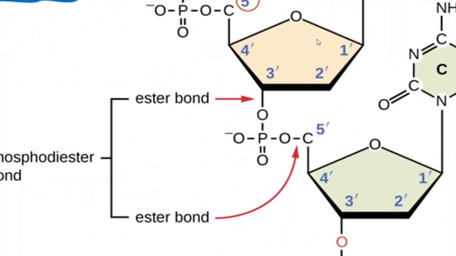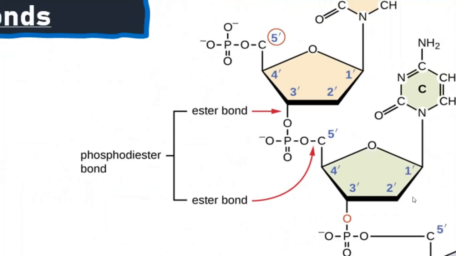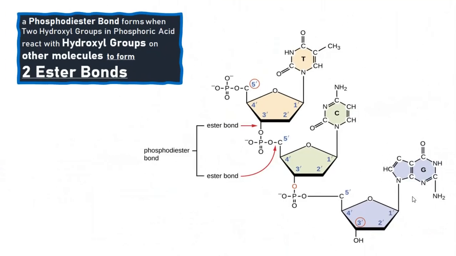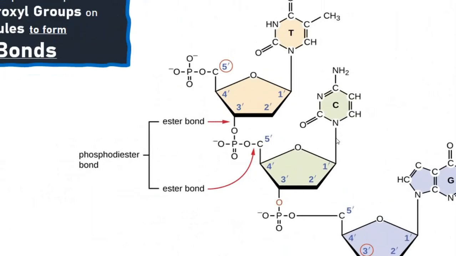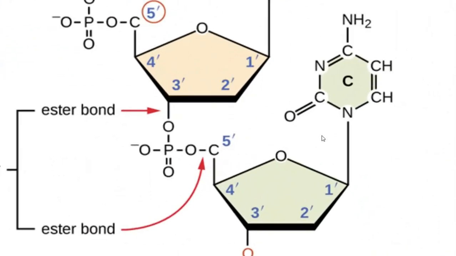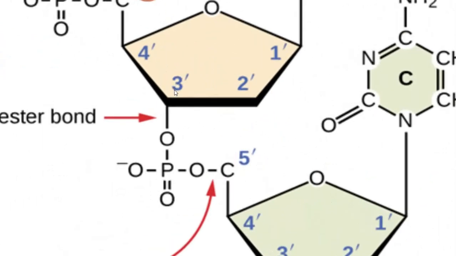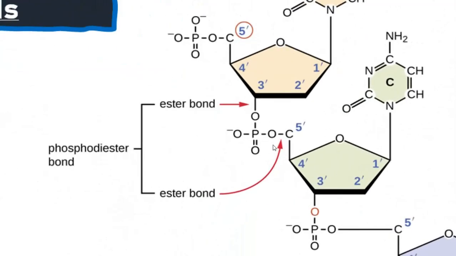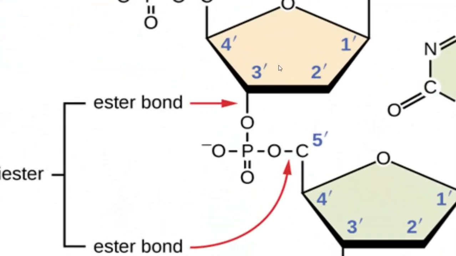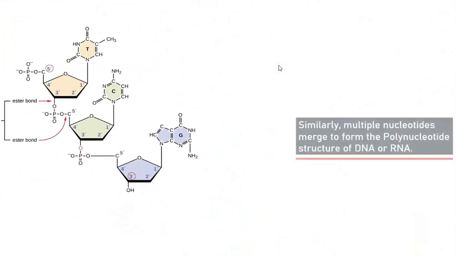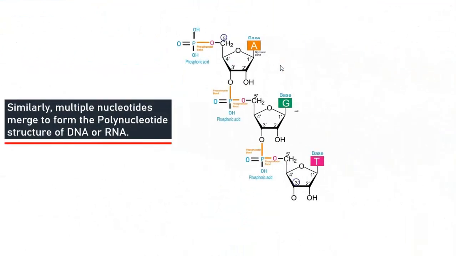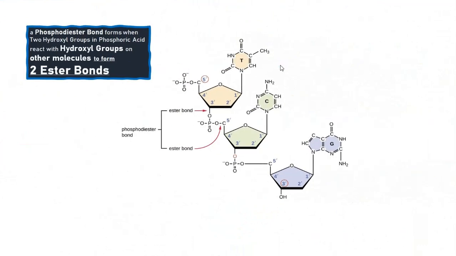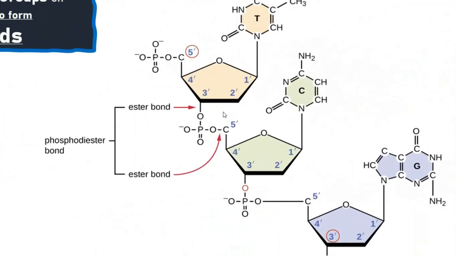This is nucleotide one, and this is the next nucleotide. In conclusion, adjacent nucleotides are joined together by two phosphoester bonds, with the orientation from the 3' to the 5' direction. This is the phosphodiester bond.